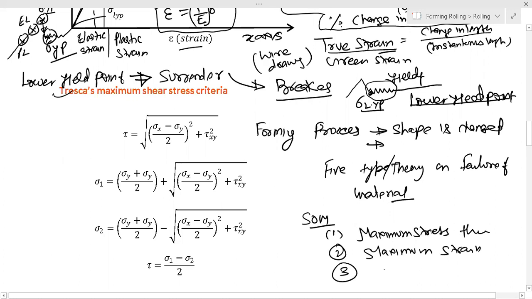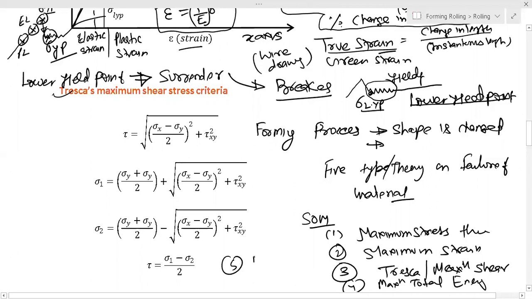Third one is your Tresca, or maximum shear stress. Fourth is your total strain energy, maximum total energy. And fifth is your maximum distortion energy.